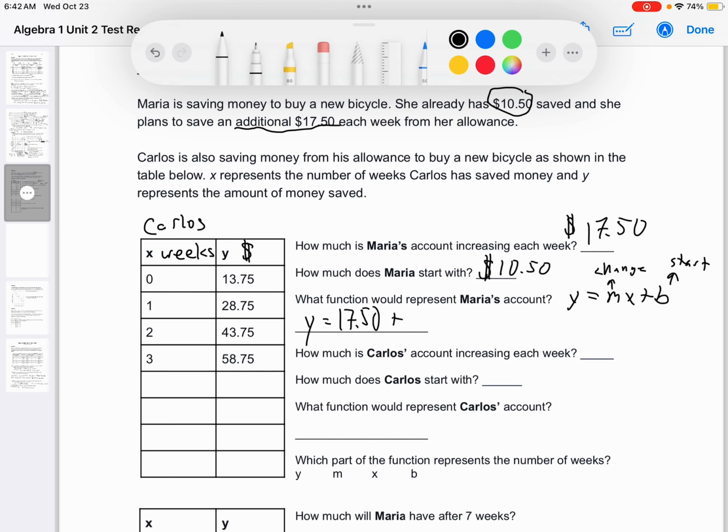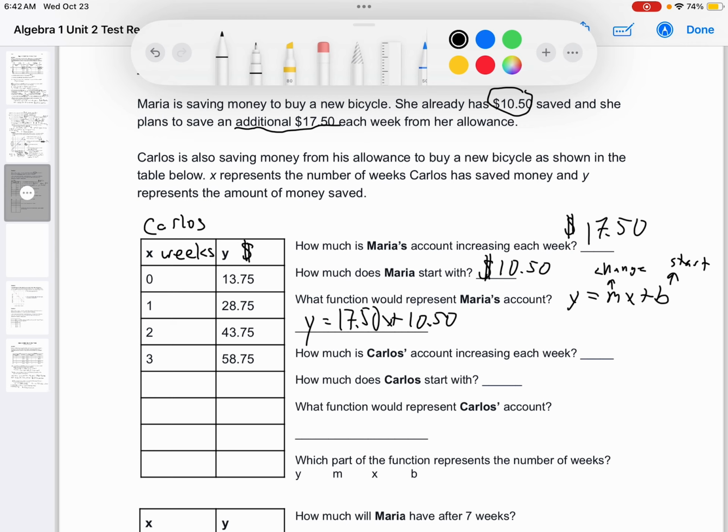And she starts with $10.50, so plus $10.50. So we have y equals 17.50x plus 10.50.